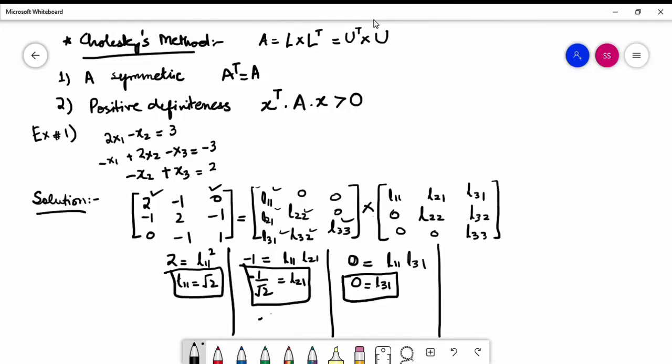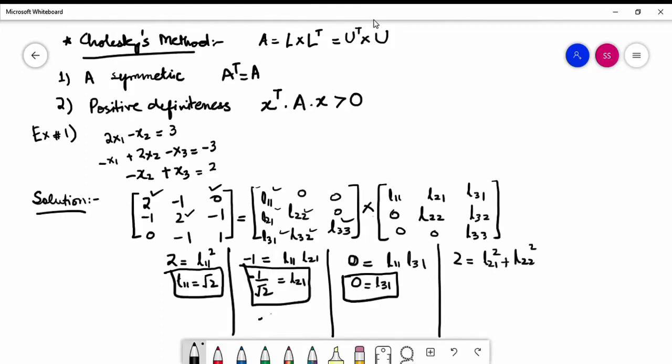L21 is found, so I have to find L22. So 2 is equal to the second row, second column: L21 square plus L22 square plus 0. This will give rise to L22.